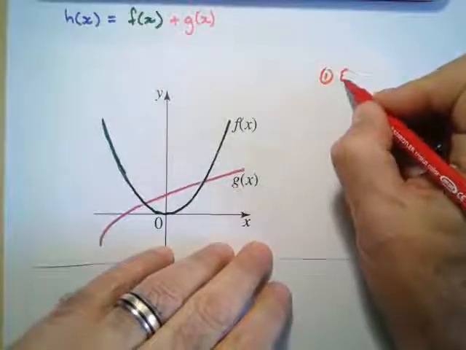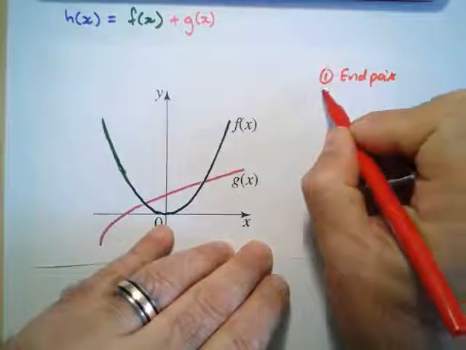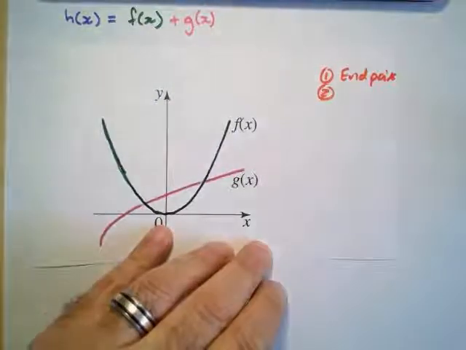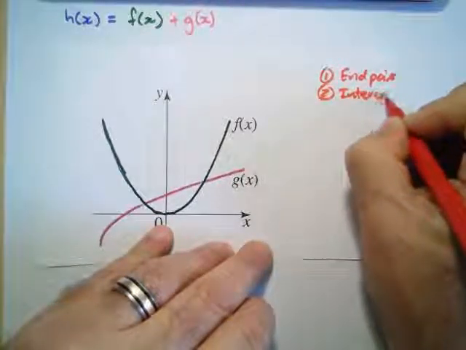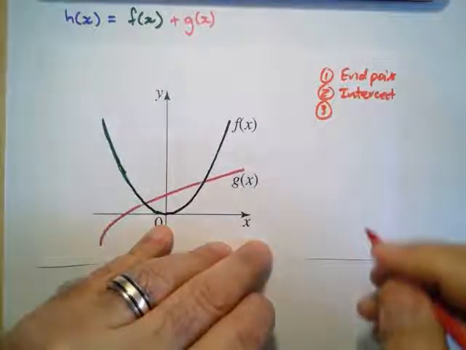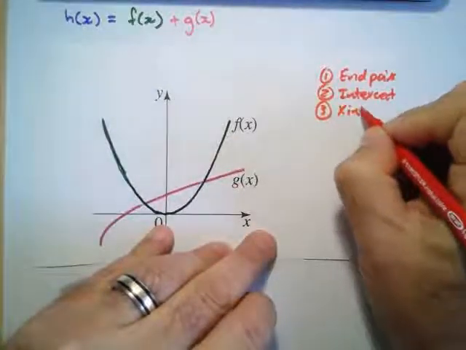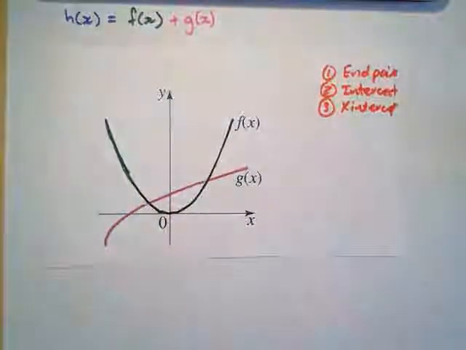So one will be the endpoints. The second important part is the intersects, where they intersect. And the third one will be your x-intercepts. So that's where we're going to have our three important values.